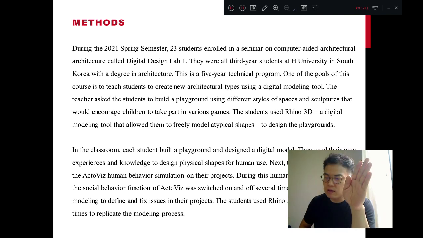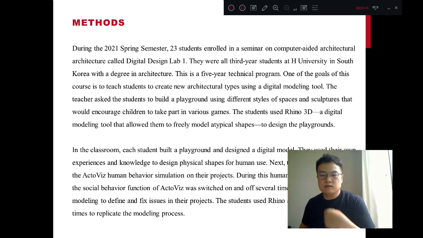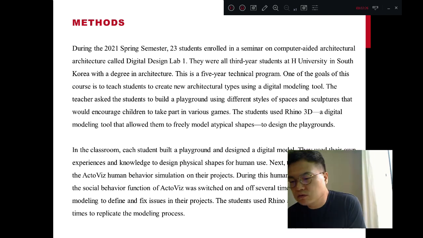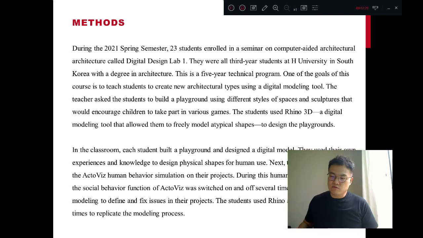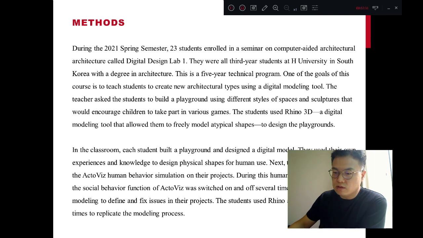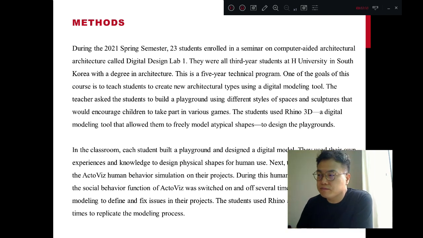When it's on, the agent interacts with the physical geometry shapes, and when it's off, the agent behaves to interact with the other agents, which is a kind of social behavior.